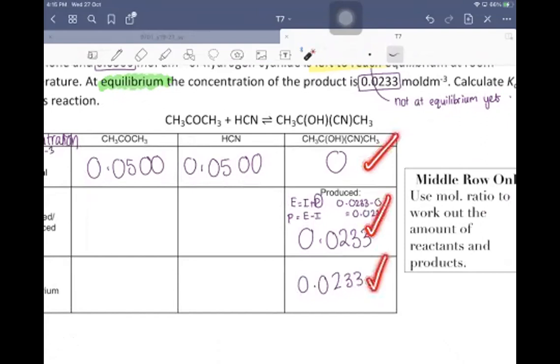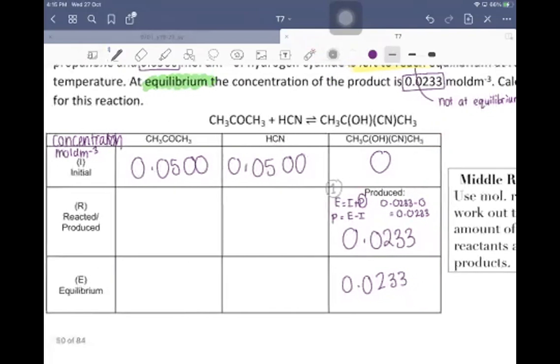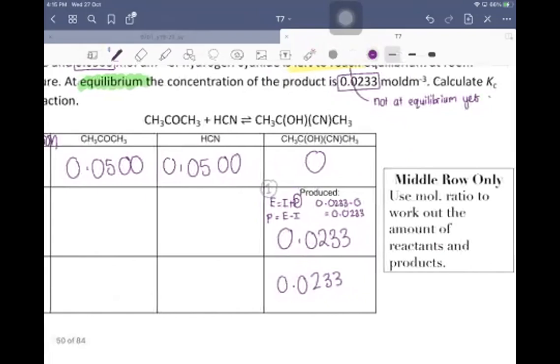I now need to focus on my reactants. I will just number the steps here so that later, when you do the question, you know where to start first. Now, the special thing about the middle row, as you would notice, is that I usually write an asterisk there. Only in this middle row can you use the mole ratio to work out the other species.